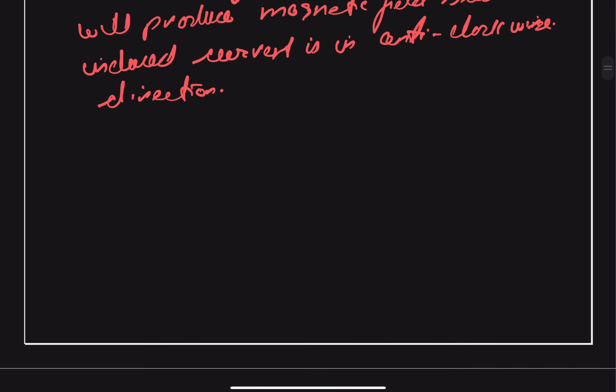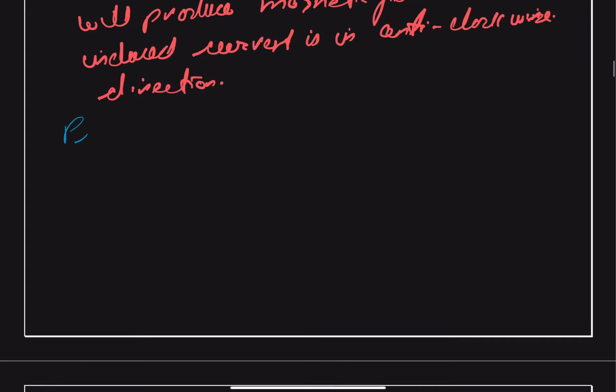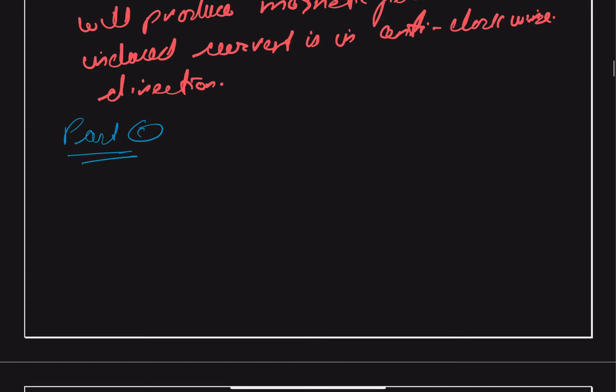In this case, that is part C, we start with the half rotation. So for half rotation, the time is equal to the total time period divided by 2, and this comes as pi by omega.